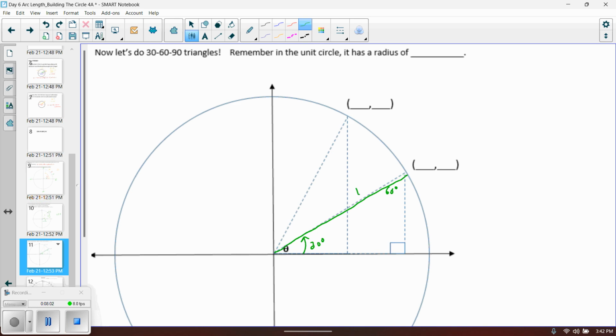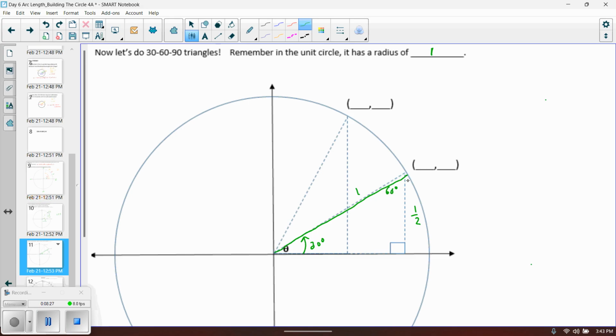That's 1. Now the relationship between the hypotenuse and the short side of a 30, 60, 90 right triangle is the hypotenuse is double the short side, or another way to say that is the short side is half of the hypotenuse. Well, half of 1 is half. So the length here in the y direction is 1/2.